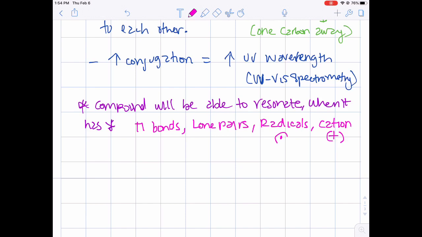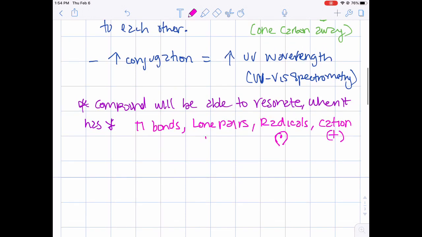Radical is one electron in the orbital, lone pairs are two electrons in the orbital. Pi bonds will be your double bonds and your triple bonds. And with lone pair, you can also consider, mostly for carbon, it's going to have a negative charge.